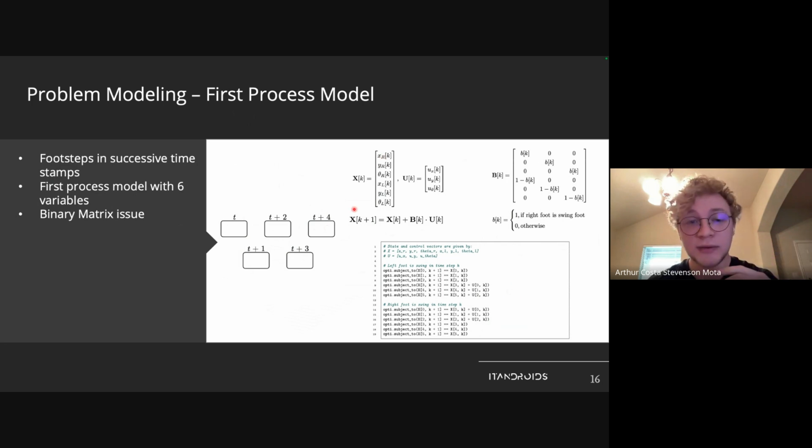The first process model has a total of 6 variables for the state, which are the x, y, and theta variables for the right and the left foot. The control matrix has 3 variables, which are the x, y, and theta displacements for the swing foot, so how much that foot moves. However, this model has a problem: in the state equation there is the presence of a binary matrix that commands which foot is moving, since the control matrix doesn't differentiate this.